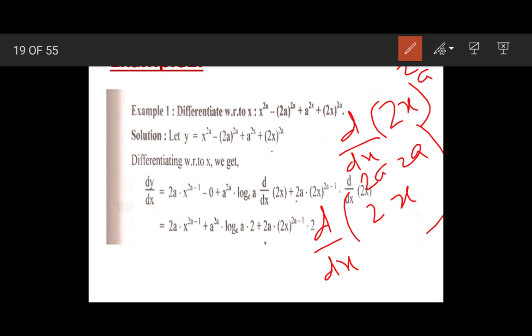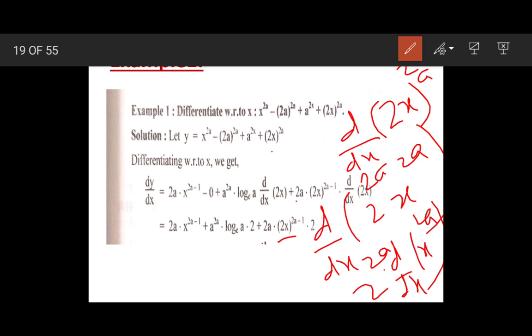Now 2 raised to 2a is constant, so it will come outside the derivative, and we have to find the derivative of x raised to 2a. So that is equal to 2 raised to 2a, or 4 raised to a, right?